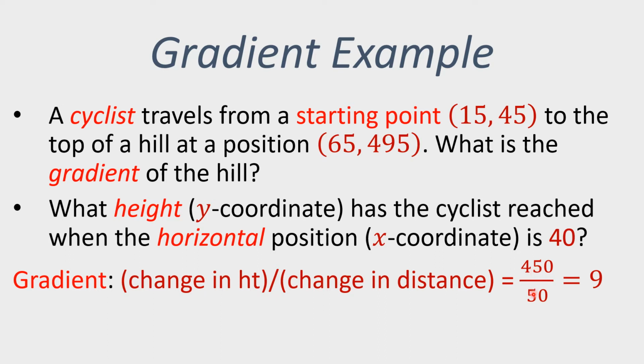We divide that quantity by the difference between the x coordinate, the final horizontal distance reached, 65, and the starting horizontal distance, 15. 65 minus 15 is 50. So we get the gradient is 450 divided by 50, which is 9.